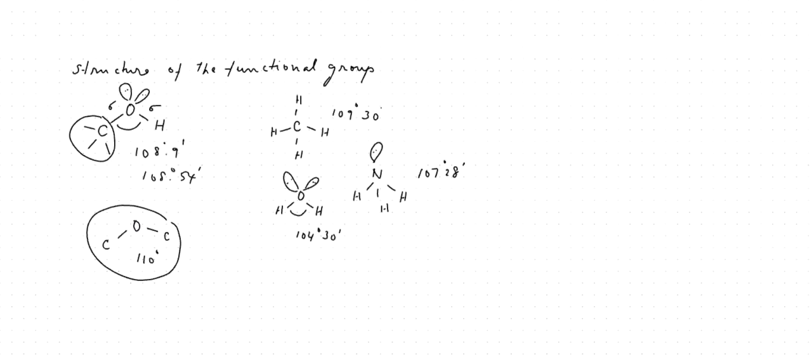So the bond angle and the structure of the functional group is very important. There are questions asked in this also. So look here, one question is asked: what is the bond angle between the COC bond? It is 110 degree, which is greater than 109 degree 28 minutes, the normal tetrahedral structure.